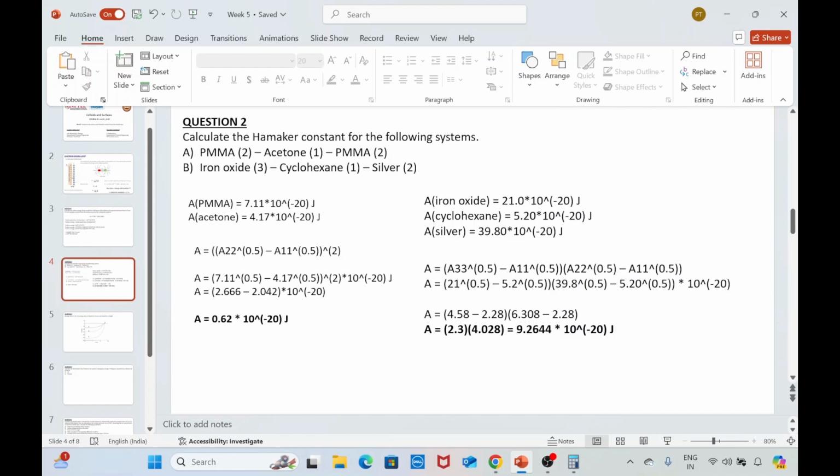So this is what we are again and again verifying, or concluding, that the presence of a medium will have an effect over the Hamaker's constant, and that effect will be reducing in nature. That is, it will reduce the van der Waals interaction between the particles.